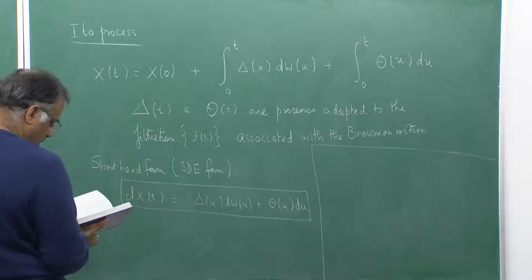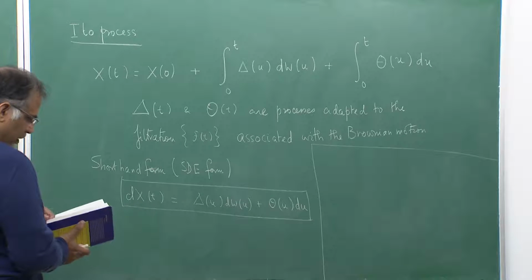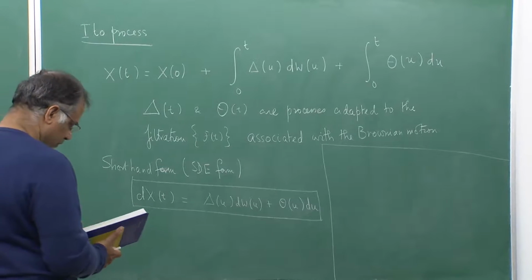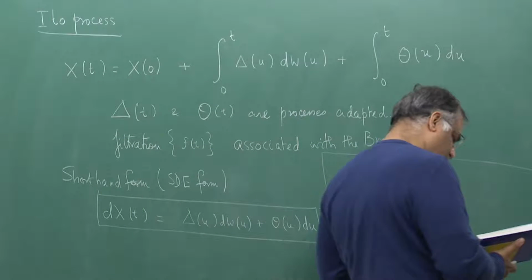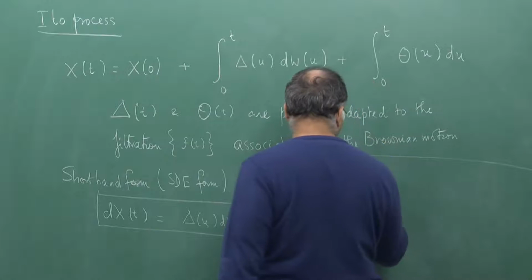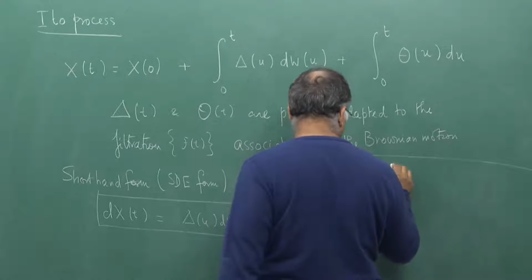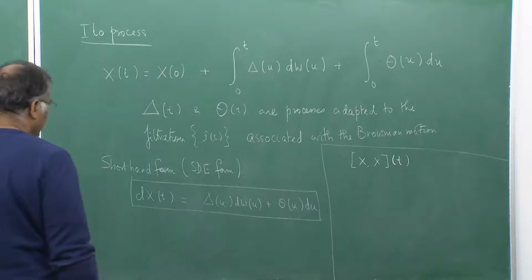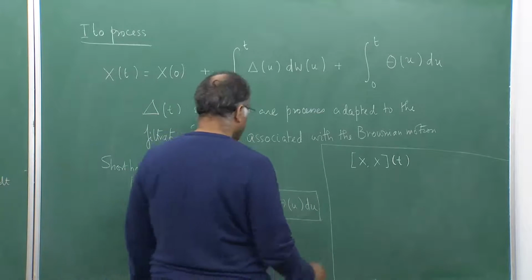First, I will give you the easy approach, then I will give you the actual approach. So, let me give you the easy approach first. We write the quadratic variation of xt and let us do the magic. The magic is we write the short form.